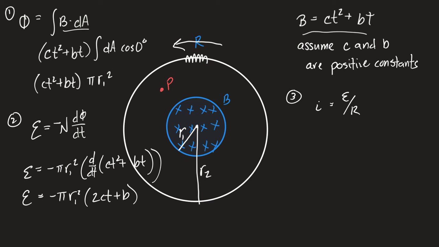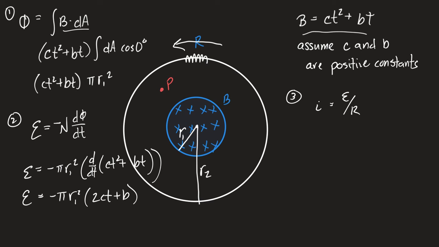The direction of the current is to oppose the change in the magnetic flux. There's a magnetic flux that is currently into the board, and it's getting greater into the board. To oppose that, the current that's being created has to generate its own magnetic field that is out of the board.